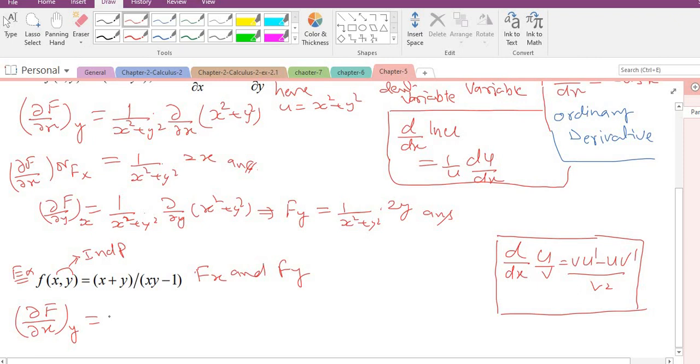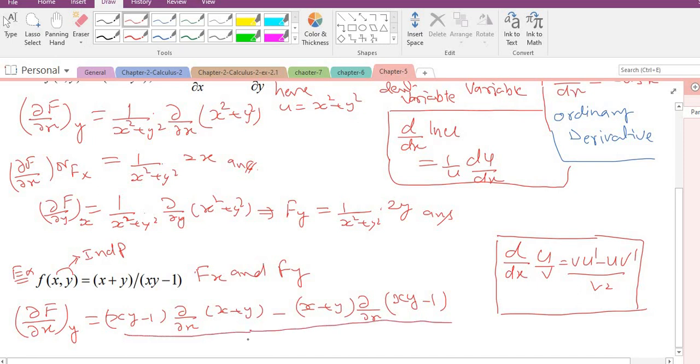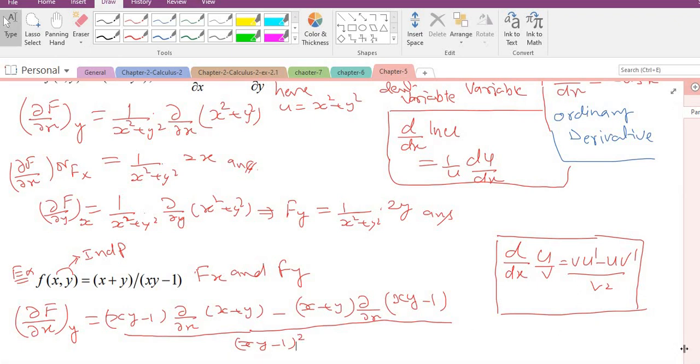So v means xy minus 1, and del x of u, del x of x plus y, this is u dash, minus u, and then del x of v, xy minus 1, divided by v square, that means xy minus 1 power 2.